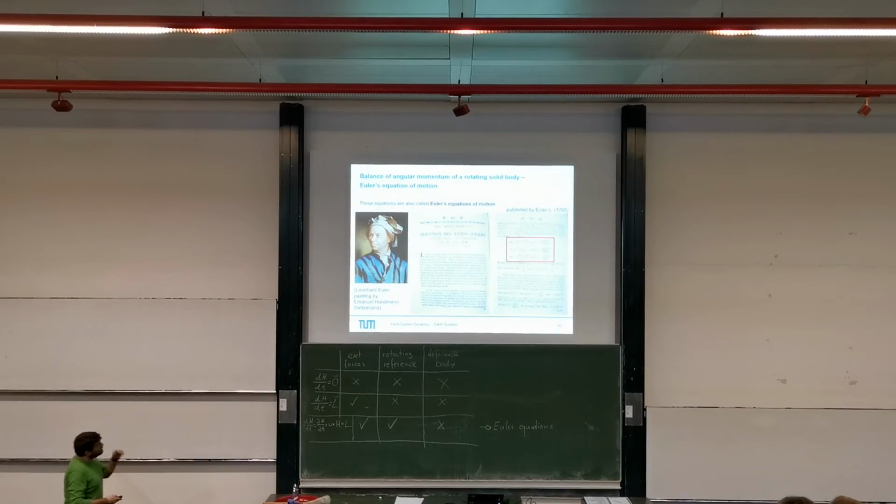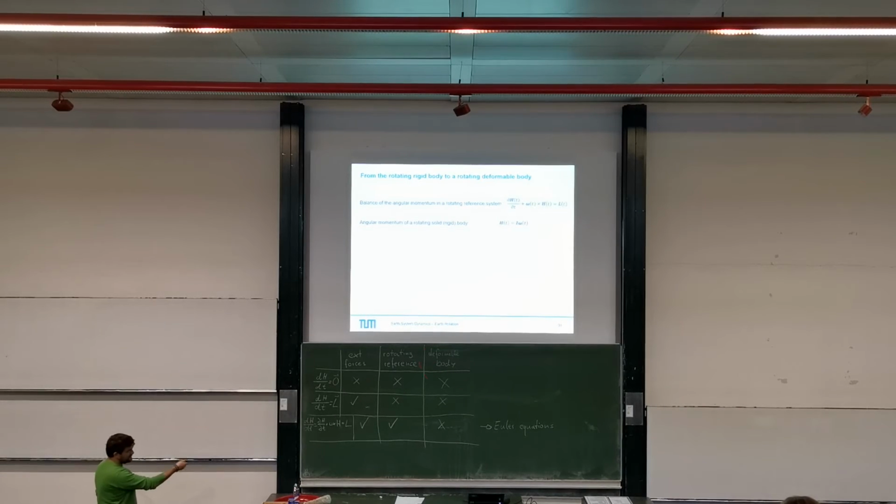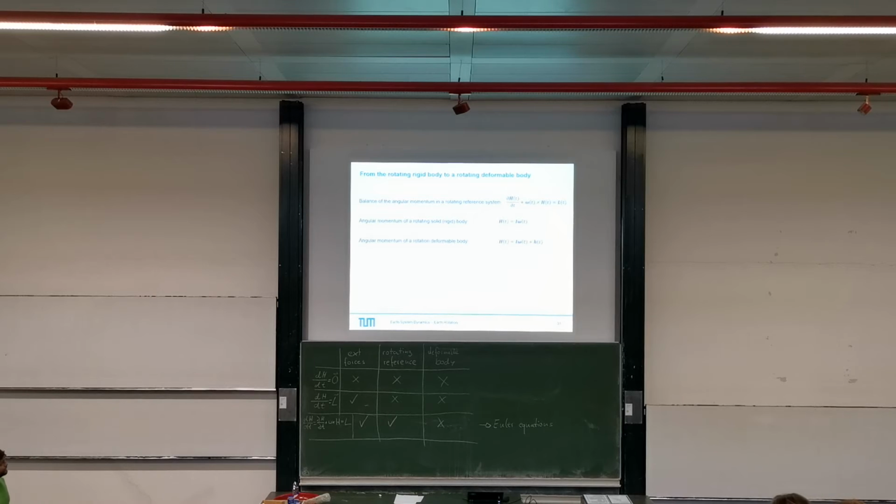So now we can use these equations in order to introduce the last phenomenon we want to account for in our rotation theory. If we extend the rotating rigid body to a rotating deformable body, so introduce the Earth dynamics, the deformations of the Earth body, then we have again the Euler equation, and the angular momentum is equal to the tensor of inertia I times the angular velocity omega.